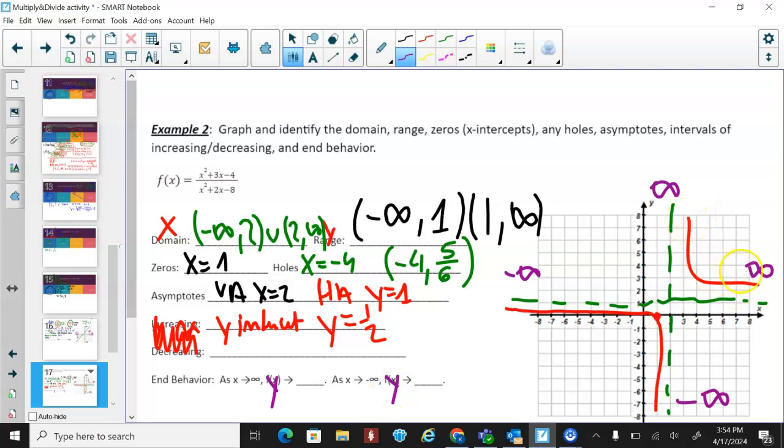So as my function is approaching positive infinity, my function is approaching my asymptote here. Okay, so it's approaching 1, the horizontal asymptote. On the left side, as I am approaching the negative side with my x's, my function is traveling up, and again, it's approaching my asymptote, 1. Okay, so it's always going to approach a horizontal asymptote.